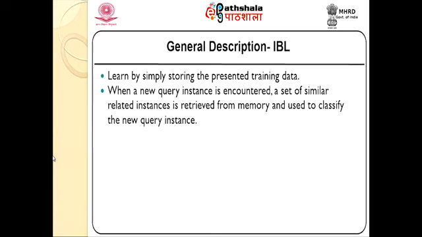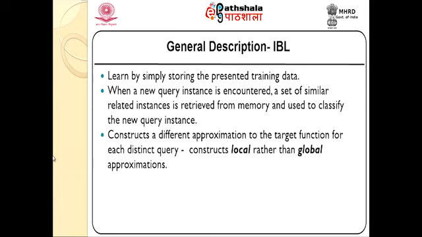So when I am doing the training, I am just storing the training data. When new data, called a query instance, is encountered, a set of similar stored instances is retrieved from memory and used to classify it. So it constructs a different approximation to the target function for each distinct query.